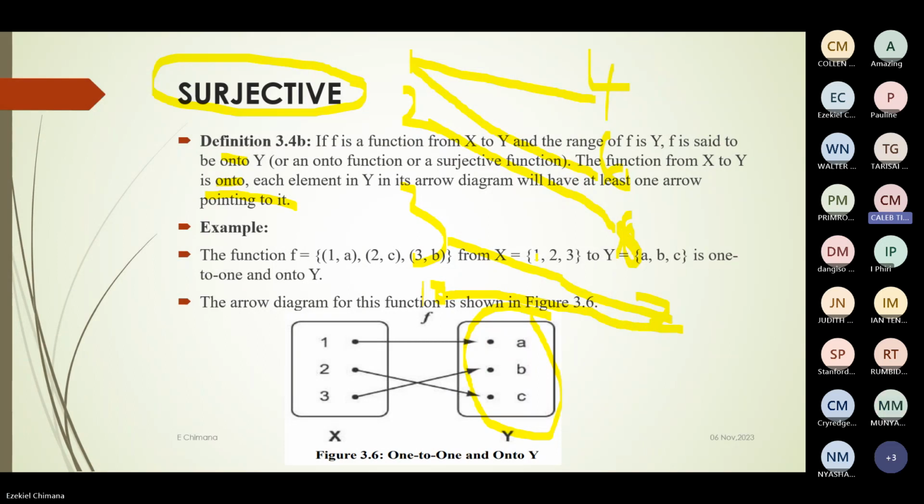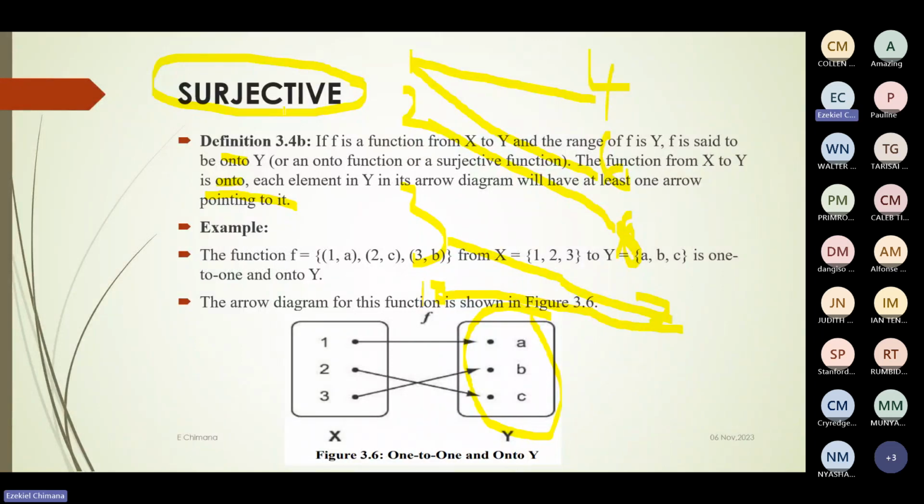Then I'm asking, is it surjective? Because you're saying it's at least 1. Yes. Okay, it's surjective. It's a surjective function because we are saying at least 1.